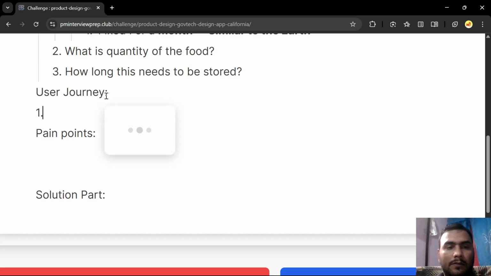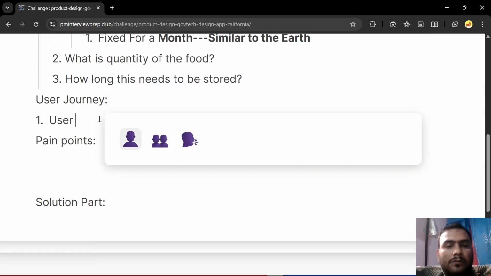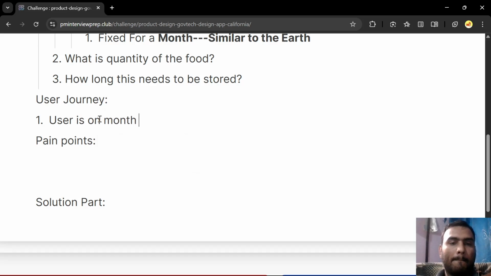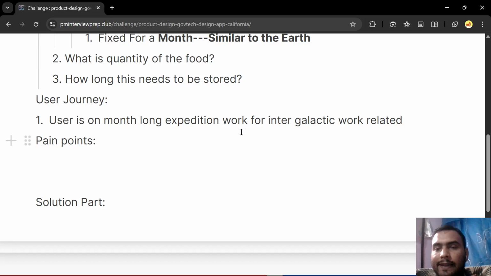in some of the parts, aliens, let's say the user is, I'm assuming that the user here, an alien, is on a month-long expedition work for an intergalactic summit or something related to intergalactic design or working or meeting.